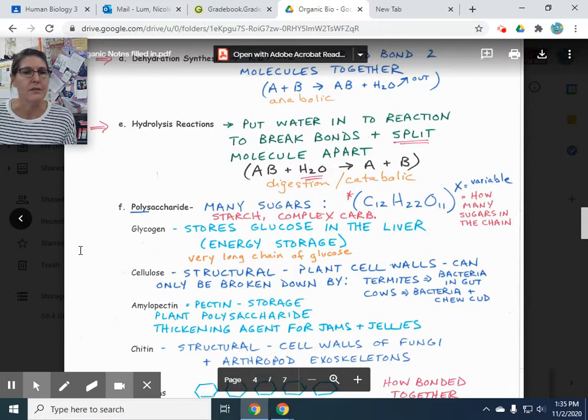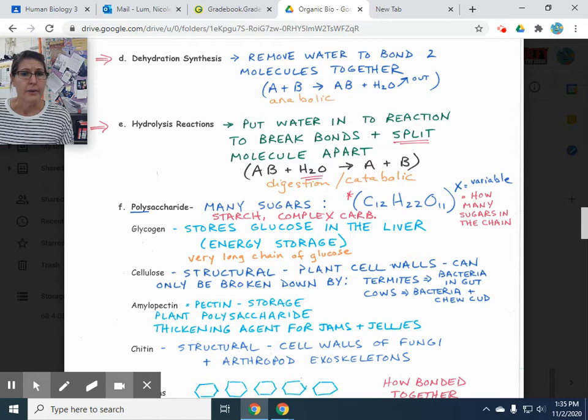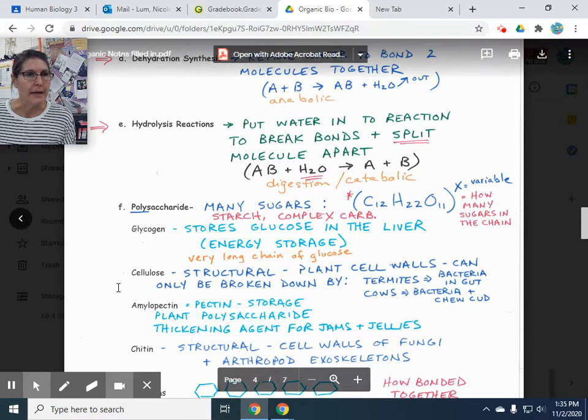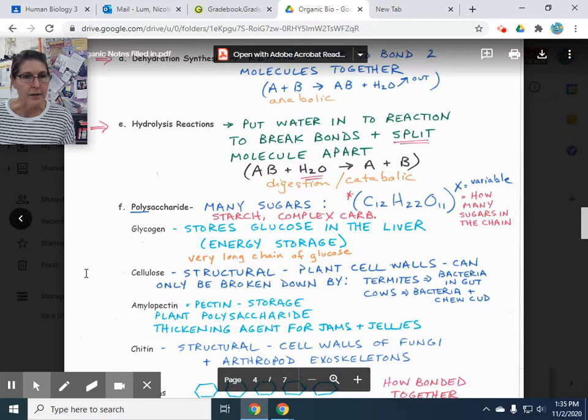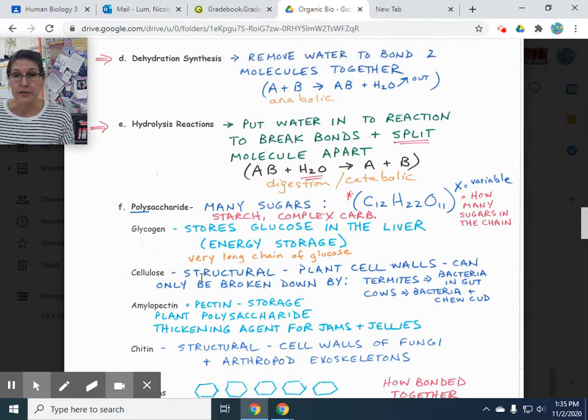They can also store it as something called amyopectin, depending upon the plant that we're looking at. So amyopectin or pectin is also a storage polysaccharide. So as the plant makes its glucose, it's going to store it as this very large polysaccharide known as amyopectin. It is actually a thickening agent for jams and jellies.